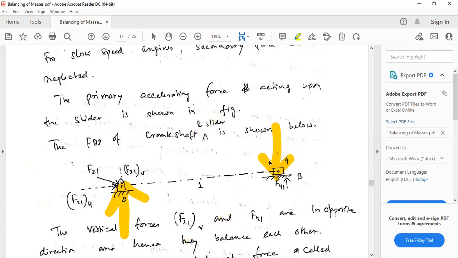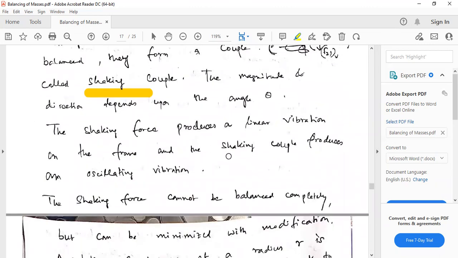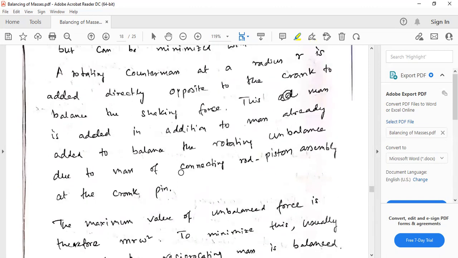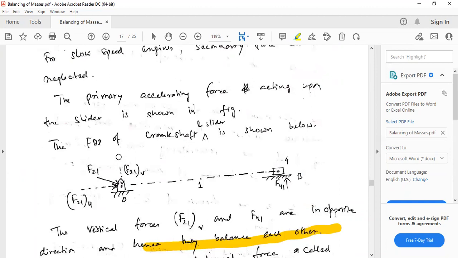So the shaking couples balance each other. It is written that the shaking couple produces an oscillatory vibration, but the shaking couple gets balanced on its own. Hence they balance each other. These two vertical forces are opposite, so they balance.